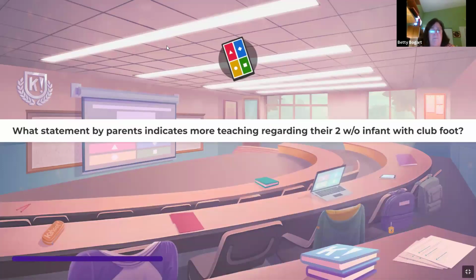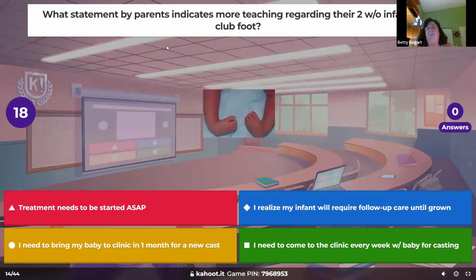What statement by parents indicates more teaching regarding their 2-year-old infant with club feet? More teaching is needed. Which one here?